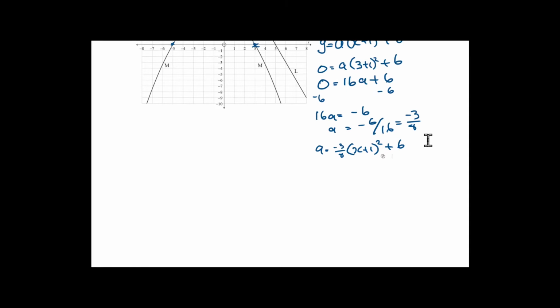In fact, let's do it. It's not going to be x, it's going to be y, isn't it? y is going to be equal to negative 3 over 8 (x plus 1) squared, plus 6.